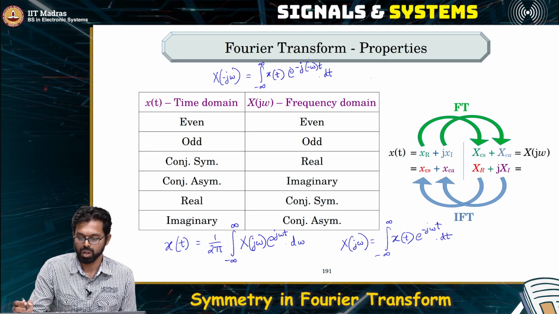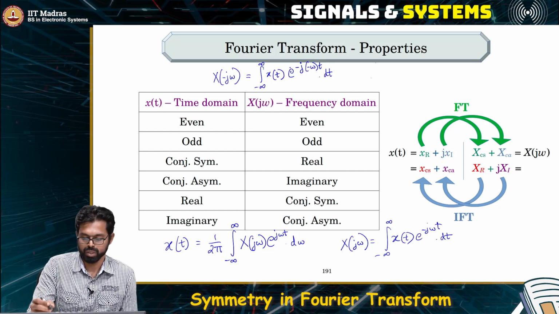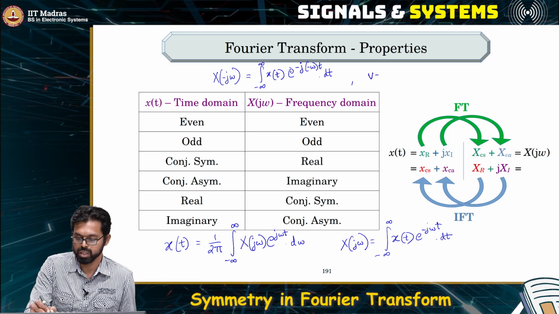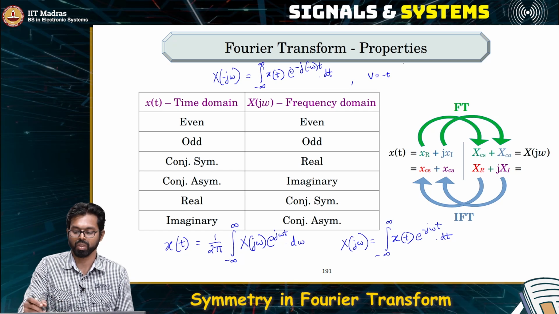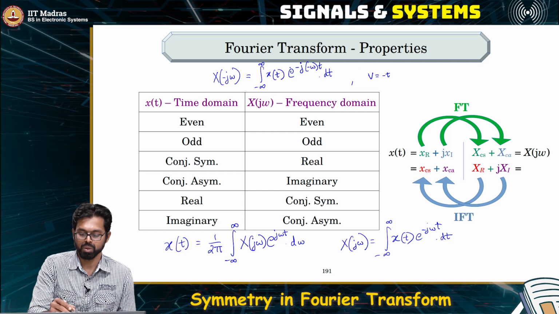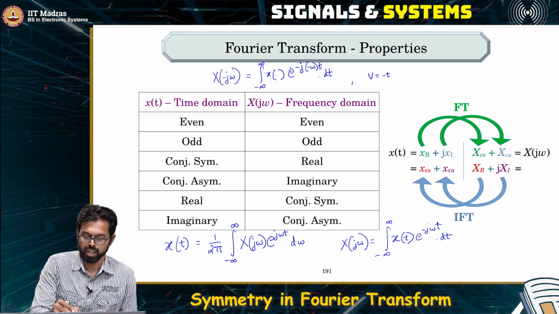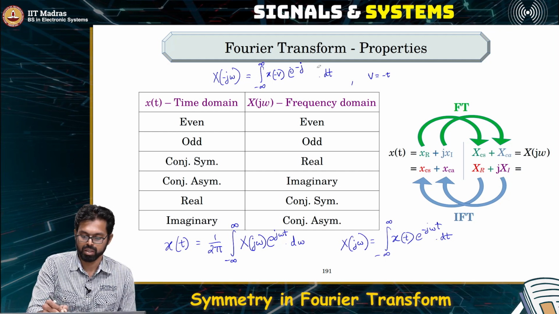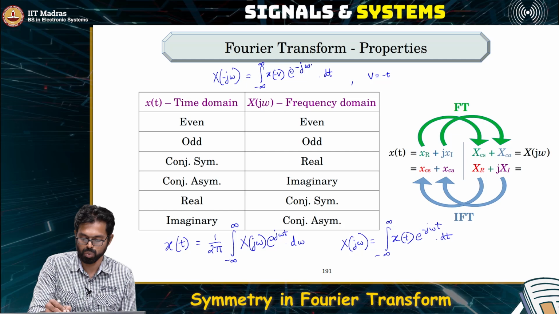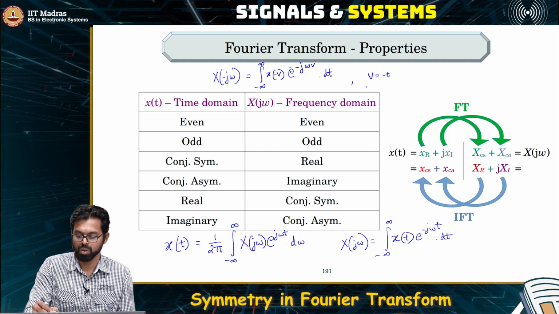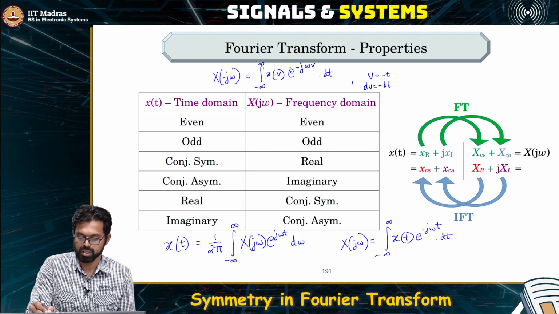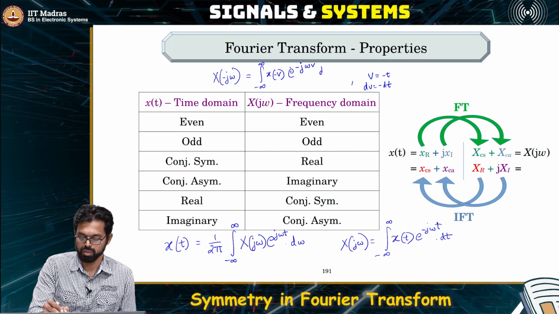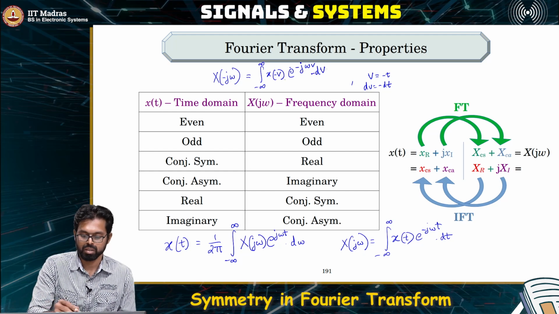Okay. So now all we have to do is once again do the substitution operation. Just say that v is equal to minus t. If you substitute v is equal to minus t here, we get x of minus v, and this minus can be shifted to v, which means this is e power j omega v, and now dv is equal to minus dt, and we have dv here. So there is a minus.